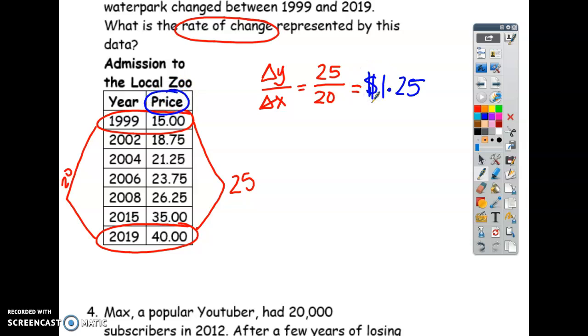So it's $1.25 every year. Okay, the Y always goes first, then the X. So you're looking at the labels. Price per year. It increased $1.25 every year. Okay? That's what the slope is doing.